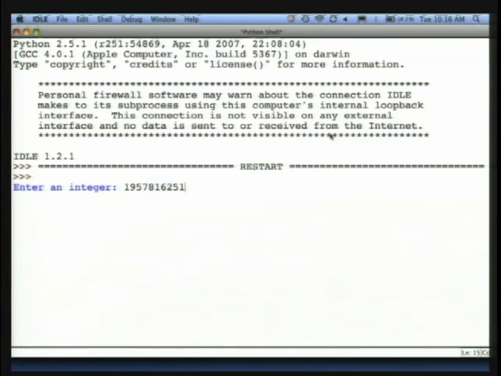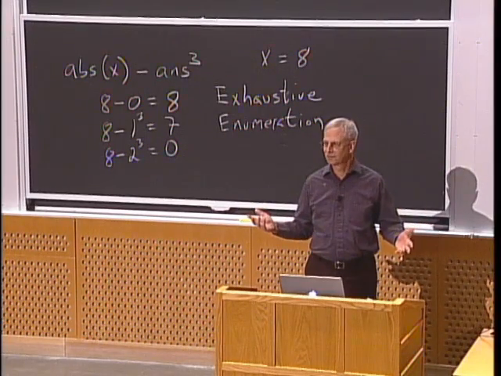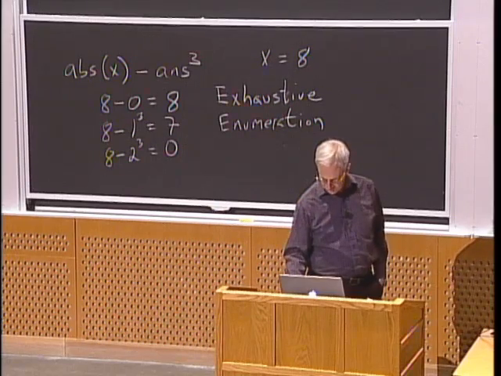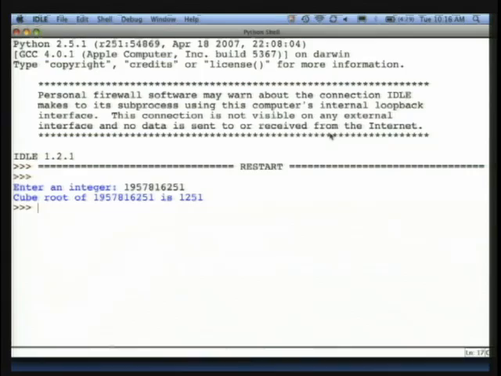All right, is that a perfect cube? Who thinks it is? Who can tell me what it is? What's the cube root of that? Well, this is a question I did not expect you to answer, but it's 1,251. That'll be in the first quiz, so make a note of it.